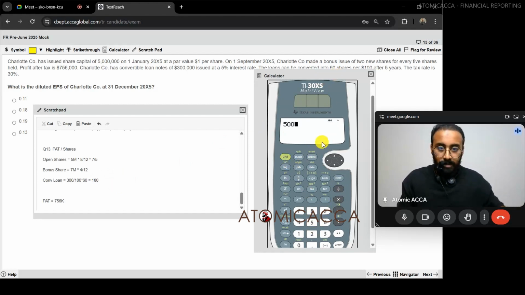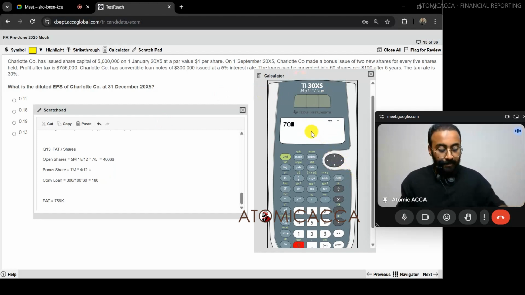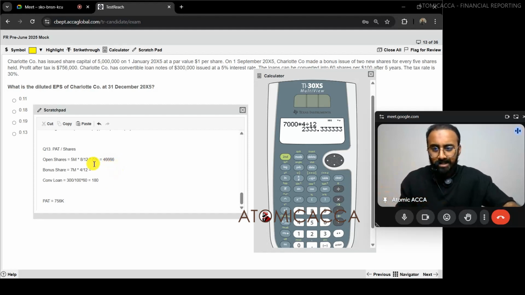We have 5 million multiplied by 8 divided by 12 multiplied by 7 divided by 5, which is 4,666,666. And the other one is 7 million into 4 divided by 12, that's 2,333,333. Adding them gives 7 million, as it is a bonus issue.